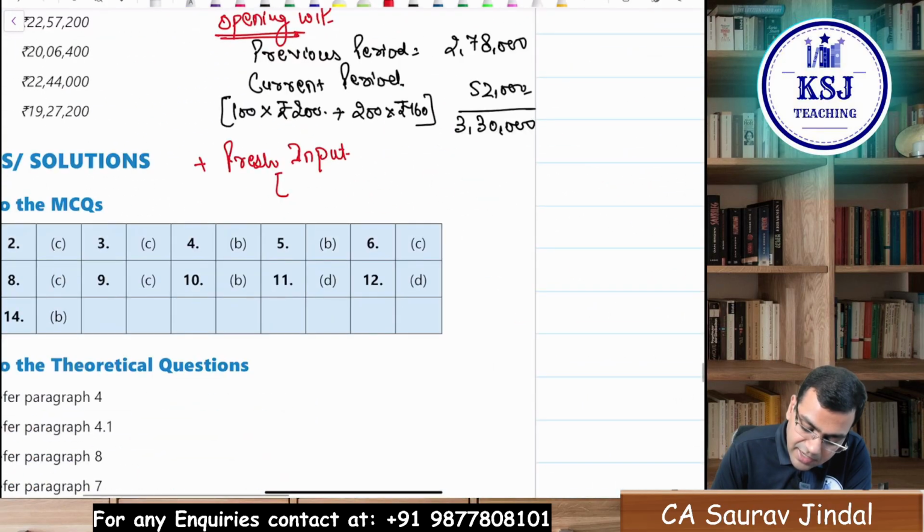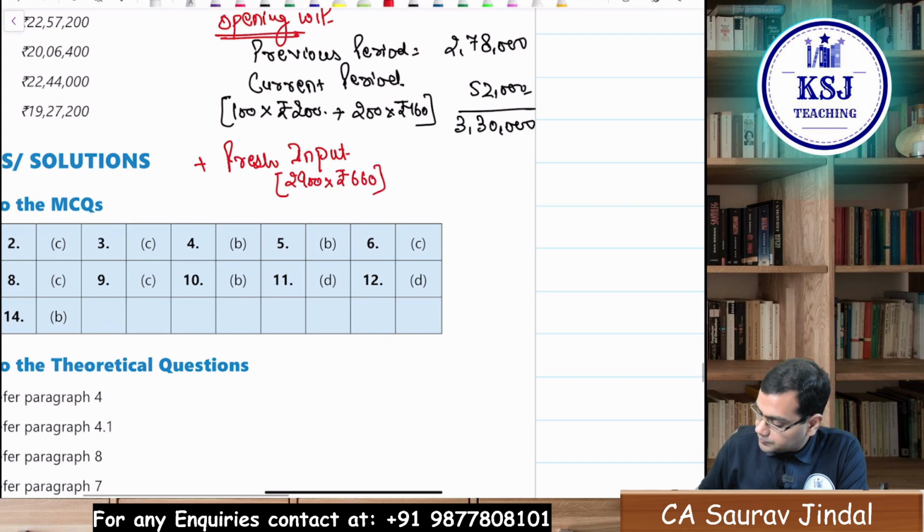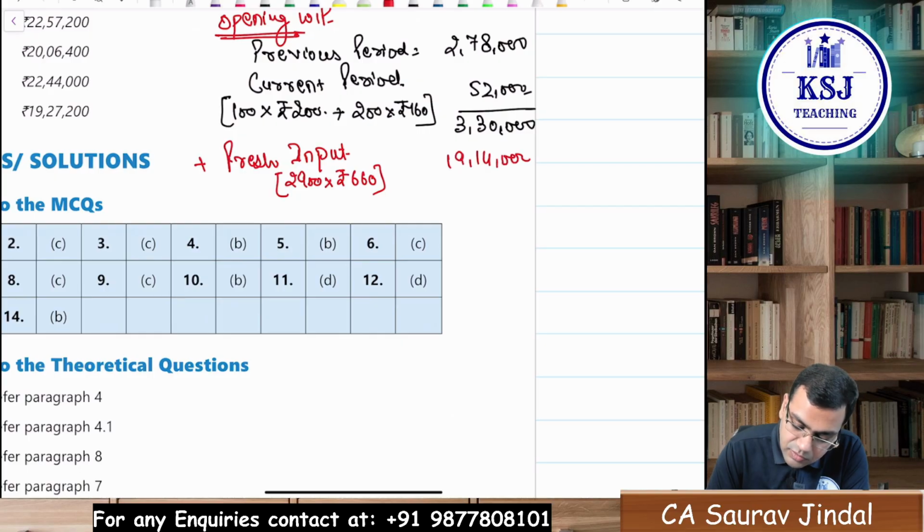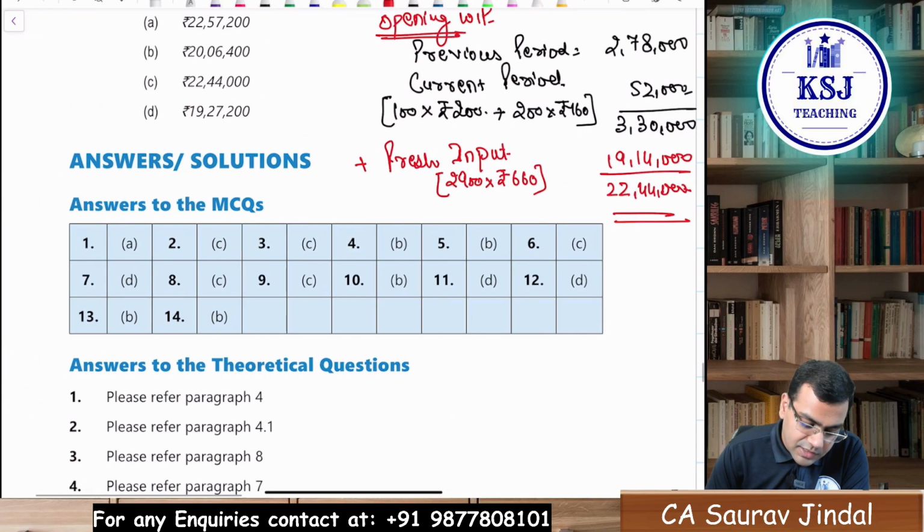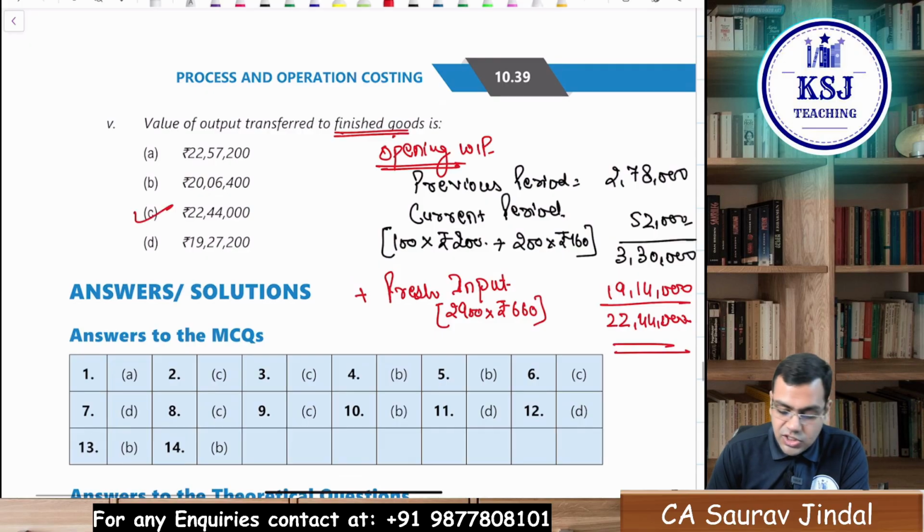So I will add here 2900 units multiplied by rupees 660. That comes to 19 lakh 14,000. So what will be the total cost? 3 lakh 30,000 plus that comes to 22 lakh 44,000. This is the total value that is taken to finished goods.